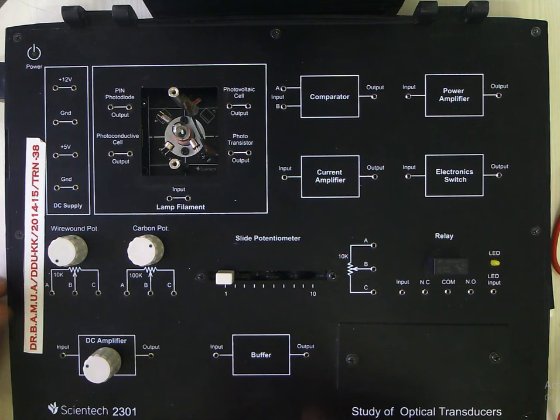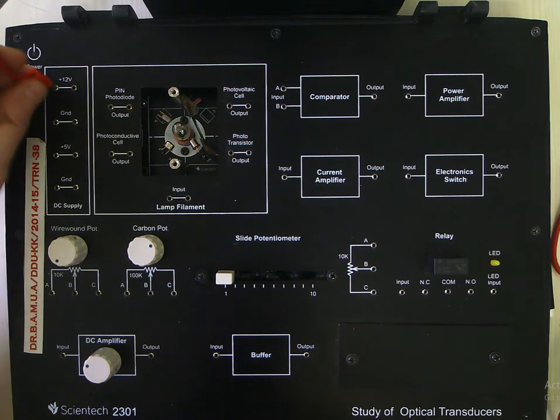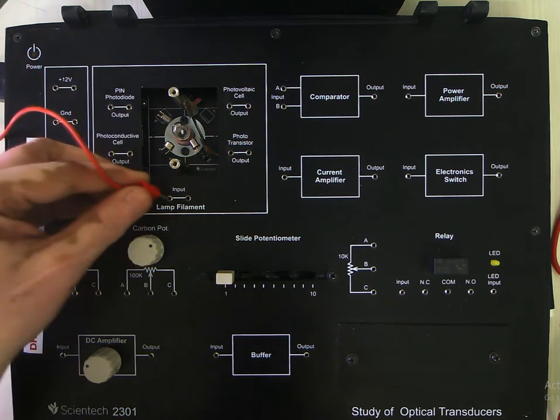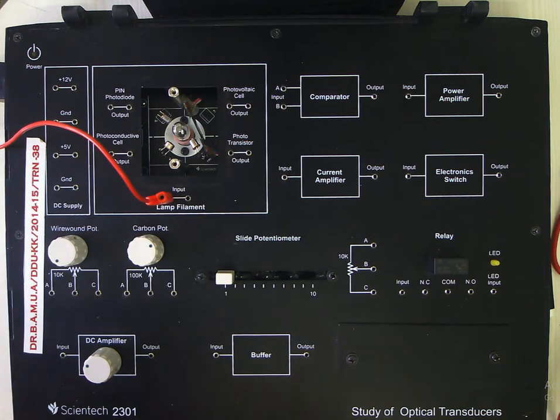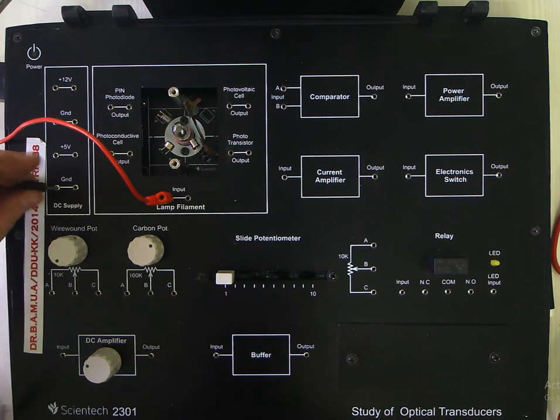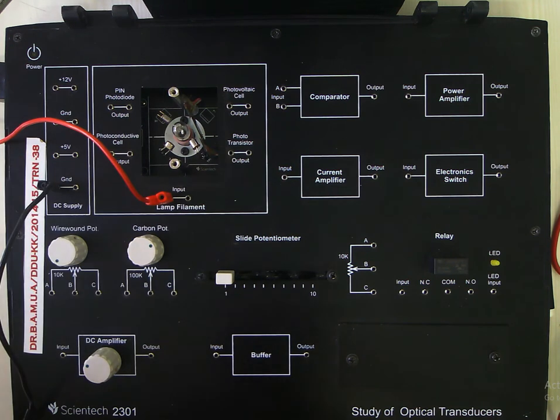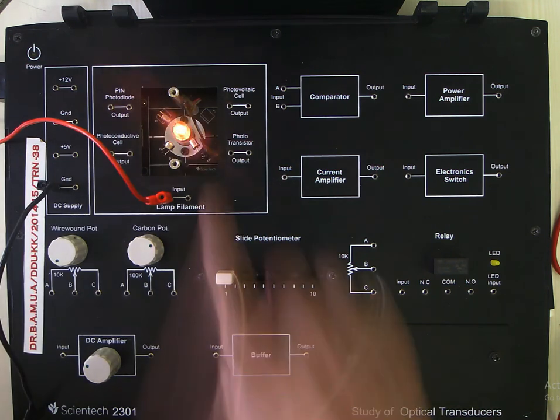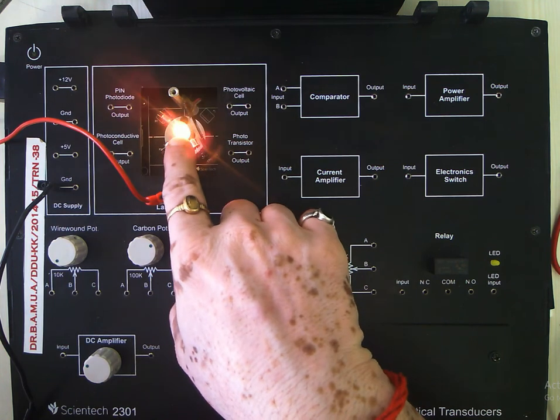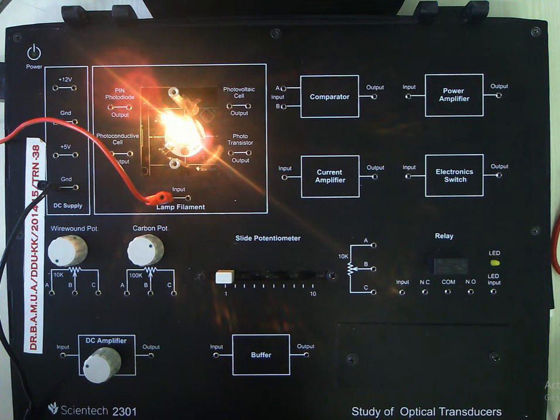Now today we are going to study optical transducers or optical sensors. Now you can find what is our basic target, that I will discuss first. That is our objective of this demonstration session. You can see there is a lamp. As you can find, I am increasing intensity of that lamp simply by supplying a variable signal.